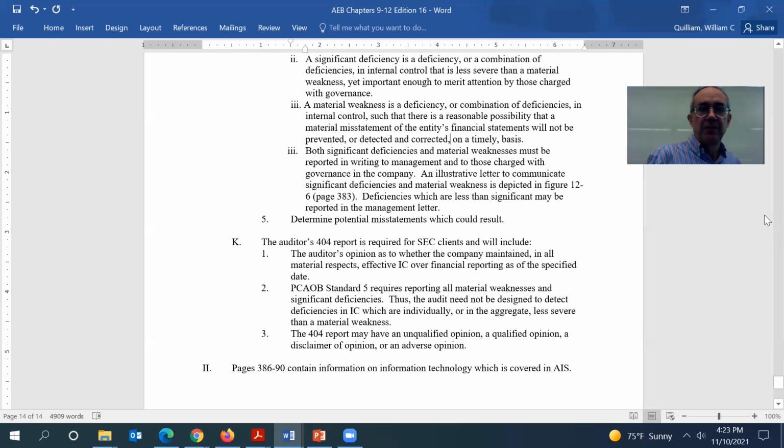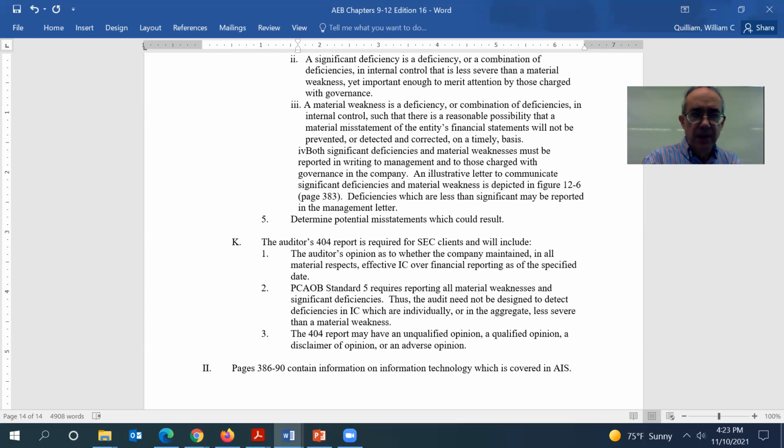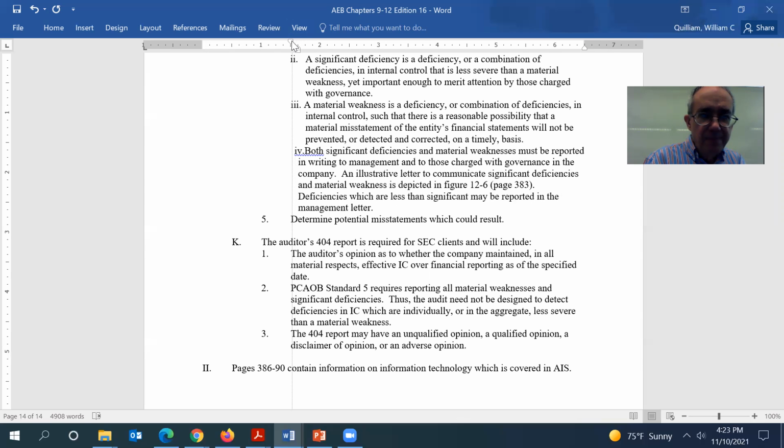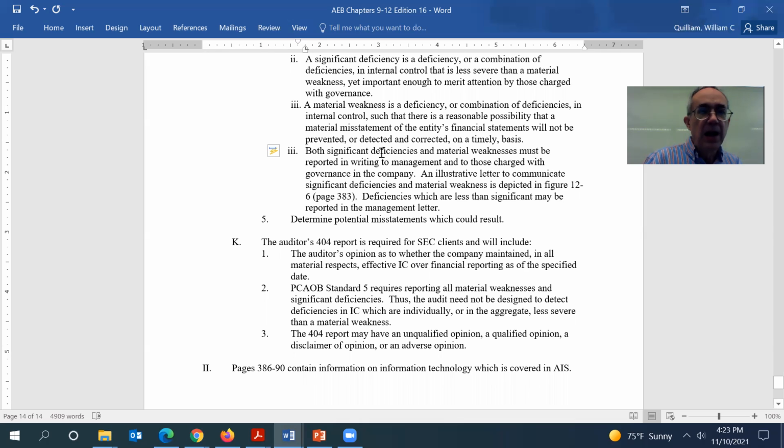Well, then... Ooh, that should be little Roman numeral 4. Whoops. Word's automatic outline feature sometimes is not so great. Reverts to 3. Okay.